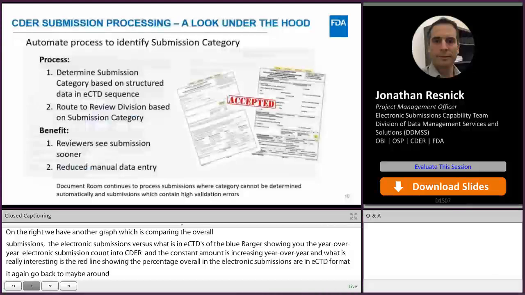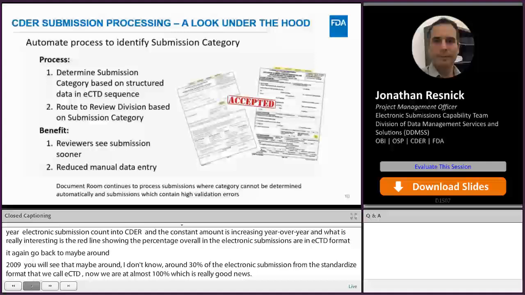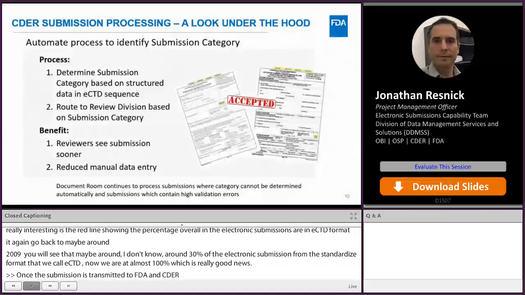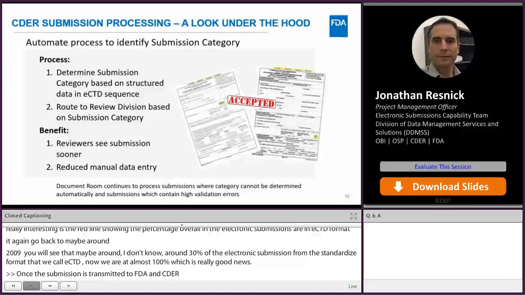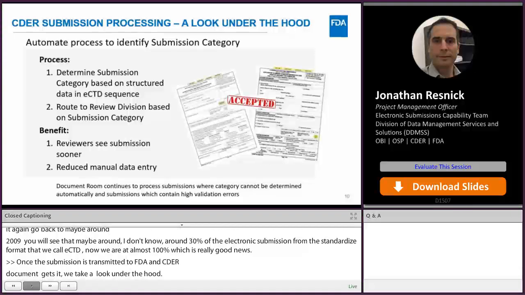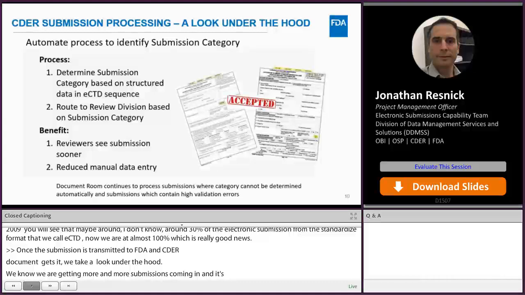Now, once the submission is transmitted to the FDA and the CDER document rooms get it, we take a little look under the hood. We know that we're getting more and more submissions coming in, and so it's important in CDER for us to be constantly improving on how we can automate the processing of these submissions. And so we are leveraging this structured metadata in the eCTD submissions to do just that.